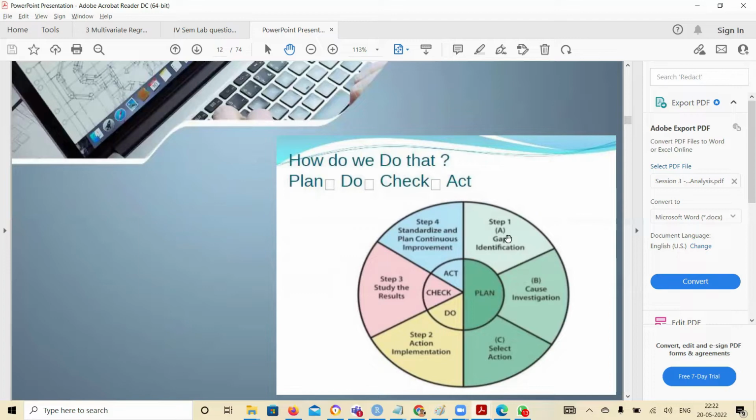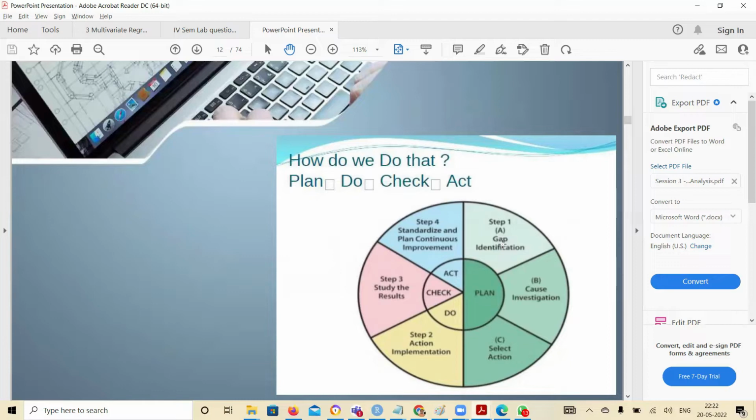So here you plan. You identify how to identify the gap. We're talking about identifying the gap: how do I identify the gap as a business? You are facing a problem, but how do you identify what exactly you need?